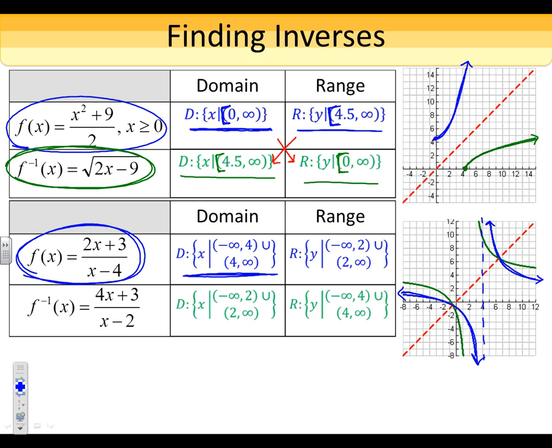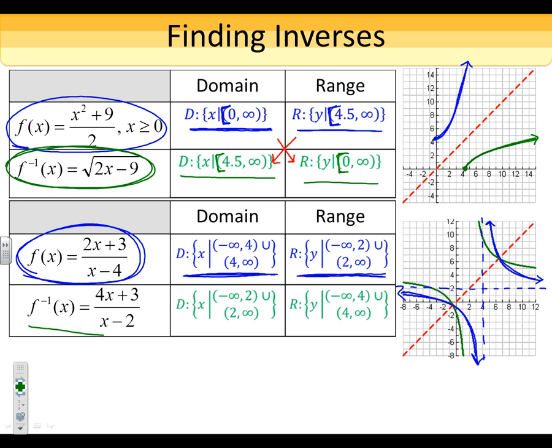If we're looking at the range, so all the y values, we can see here that we have a horizontal asymptote at 2 that the graph doesn't ever cross. So our range goes from negative infinity to 2 and from 2 to infinity.